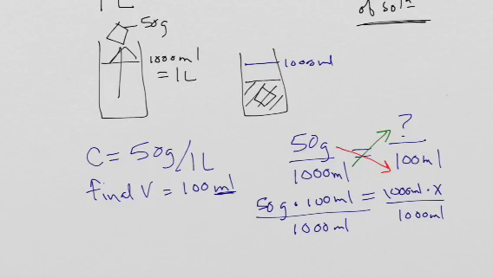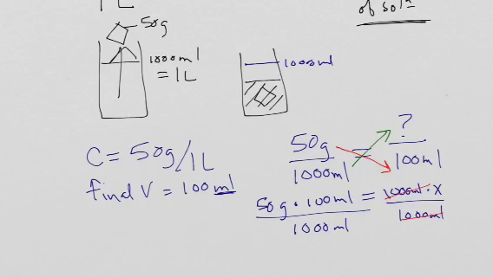Okay, my milliliters cross off. I'm left with x. And if I work this out, I want to see what else is going to end up crossing off here. Ultimately, I'm looking for a mass. I'm looking for an amount of particles or juice crystals or whatever that I'm going to add to make my 100 milliliter solution.